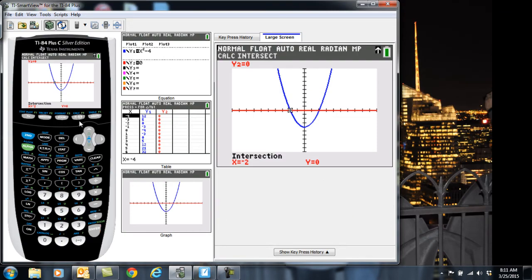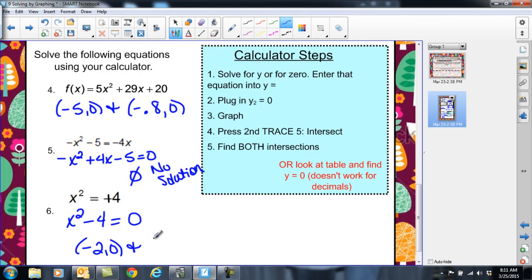So we're going to go second trace, number 5, enter, 1, 2, and then I'm going to move over towards this intersection over here on the right. I'm going to hit enter again, and I see that my next intersection is at 2, 0, and so that's the other one. So I have two solutions, one at 2, 0, one at -2, 0, and that's how you use your calculator to find them.